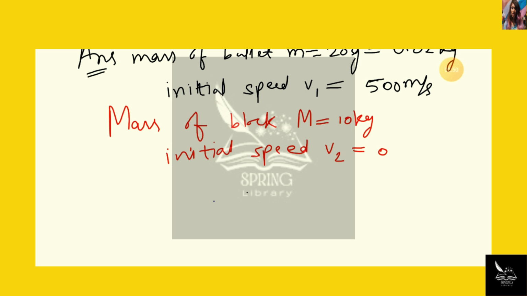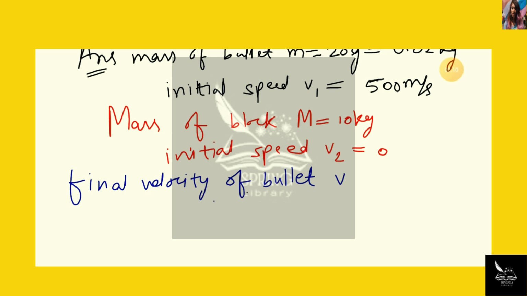Now after collision, the final velocity of the bullet, after emerging out from the block, decreased to v2 equal to 100 meter per second.